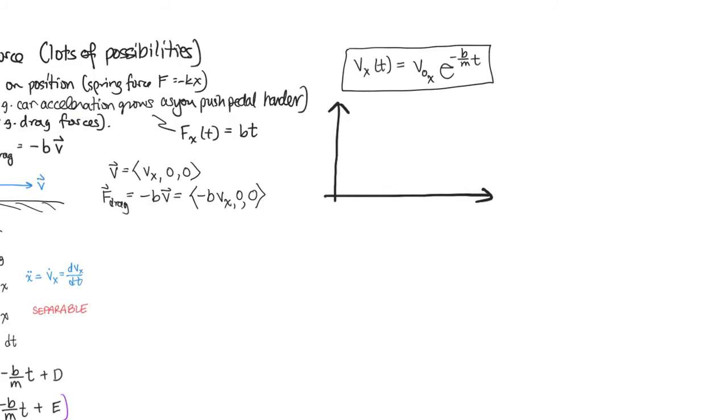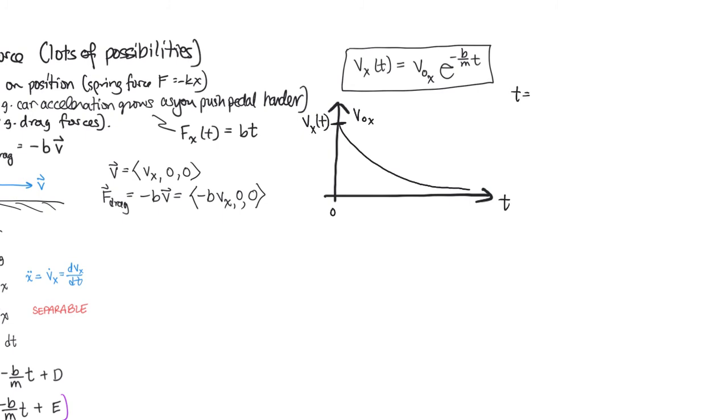All right, so we are going to continue to integrate and find the position as a function of time, but let's just pause here and take a look at this expression that we've just derived, and make sure we understand a little something about it. So if we plotted the x velocity as a function of time, we'll start at some initial value, v naught x, at t equals 0, and as time goes on, we're going to drop and exponentially decay towards 0.